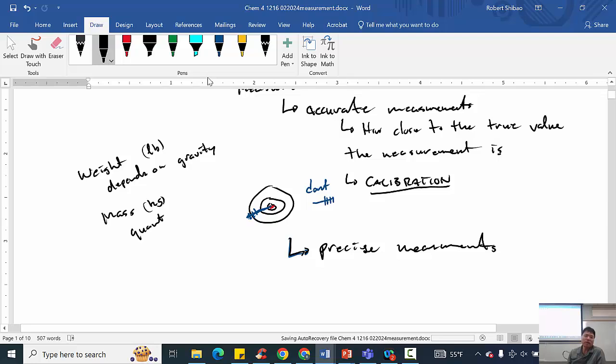And the quantity of matter doesn't depend on gravity. And so 1 kilogram in the elevator, whether it's going up or down, is not going to change. 1 kilogram on Earth is going to be the same as 1 kilogram on the moon because we don't lose any atoms or molecules or formula units there.